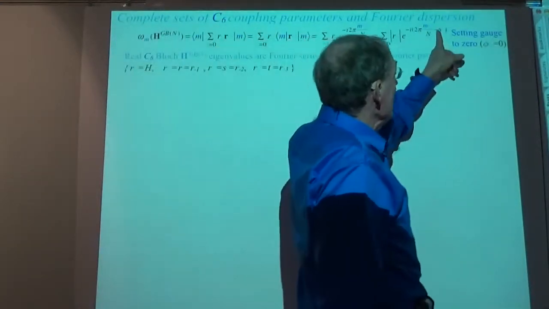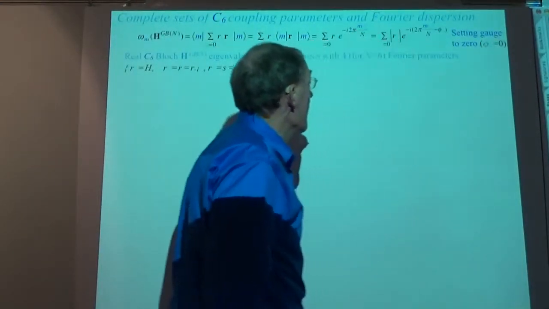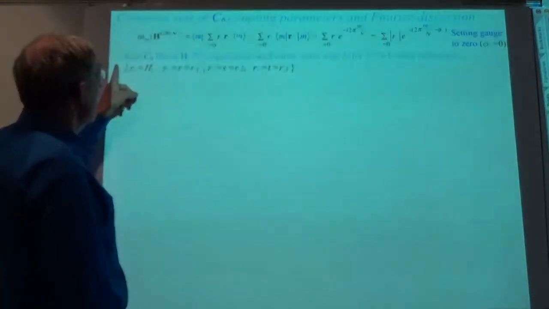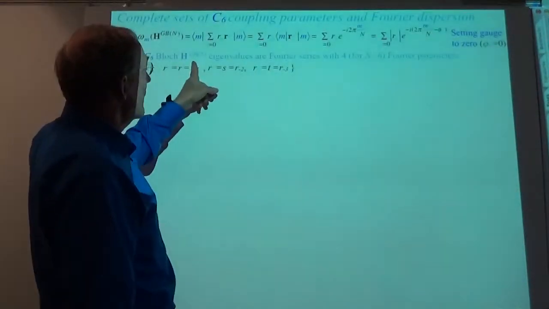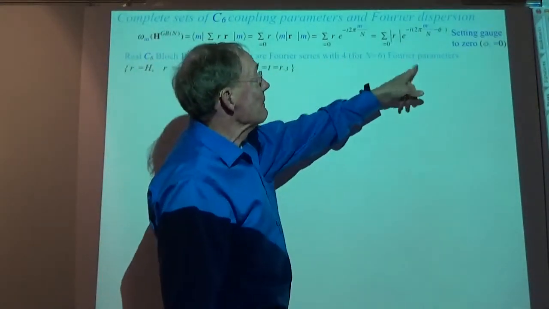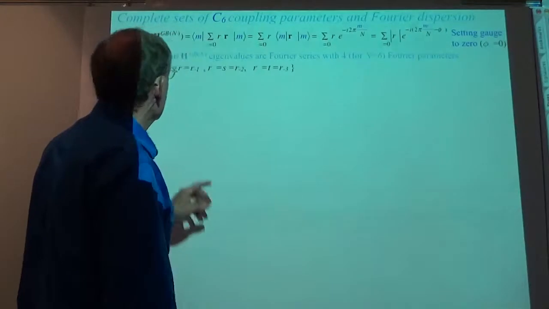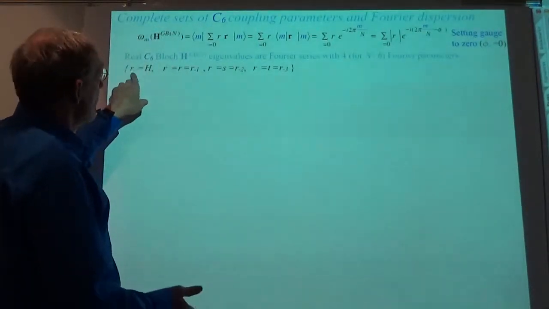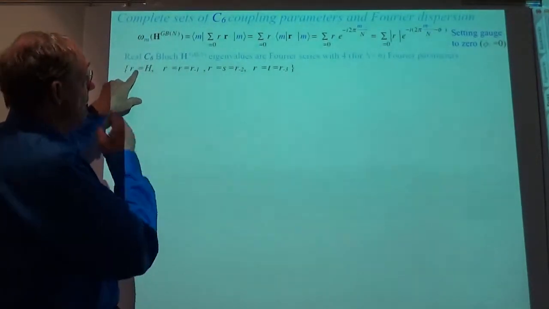But I'm going to set the gauge phase to 0 now, so that I end up with Bloch eigenvalues, a Fourier series with 4 Fourier parameters. Okay? Starting with the obvious one that sets the origin of the band.